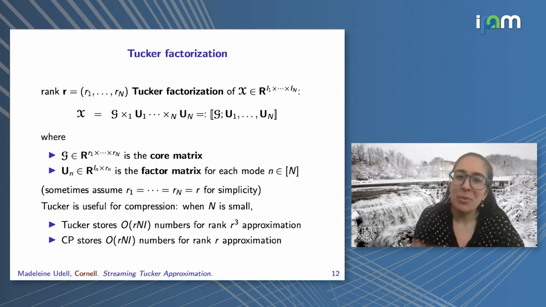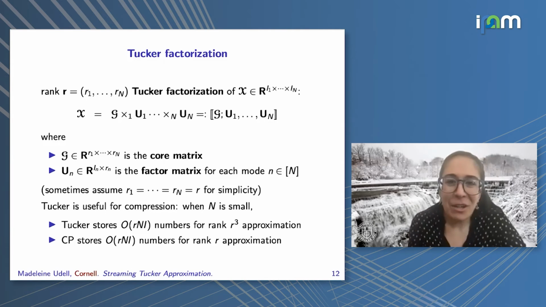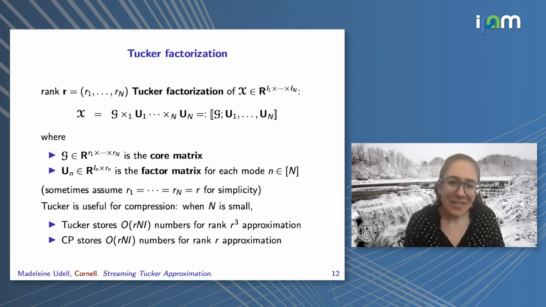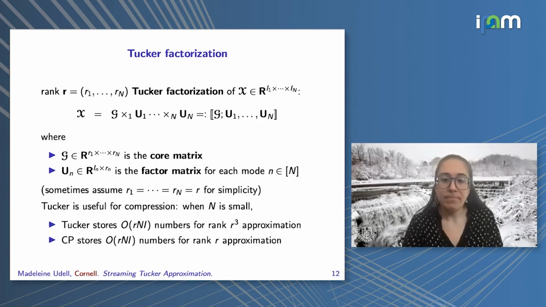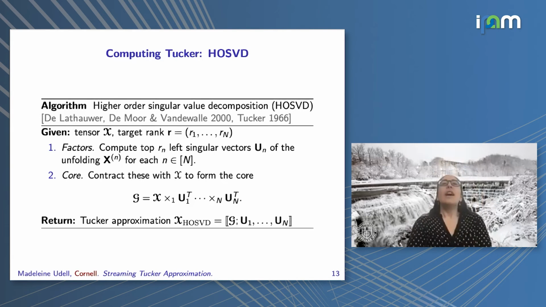When you have a large number of modes, there's an extra term that I'm hiding here, which is R to the N. So if R to the N is small compared to the dimension of each mode I, then the Tucker factorization will be your friend if you're looking for good compression. Okay. So how do I compute the Tucker decomposition?